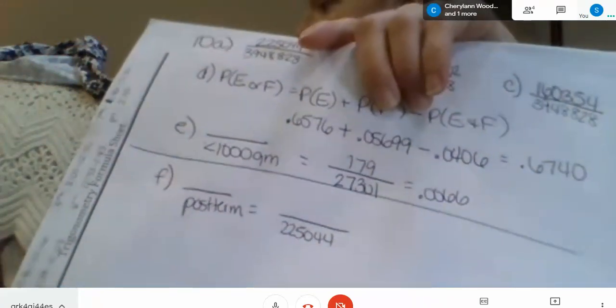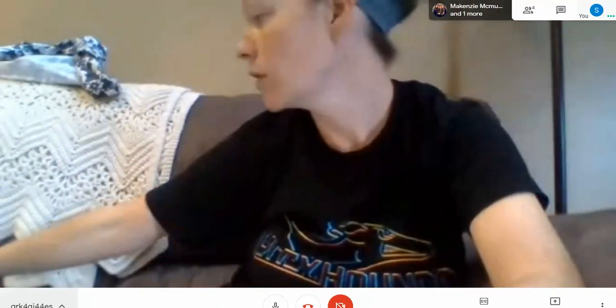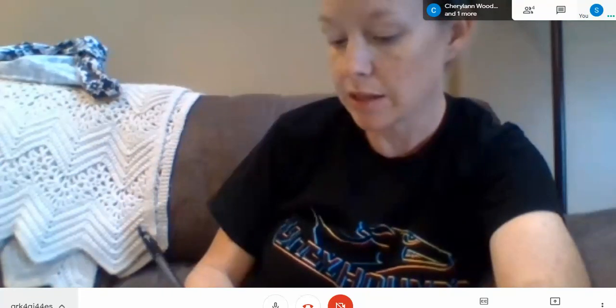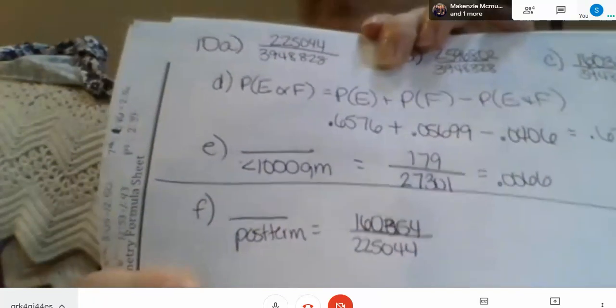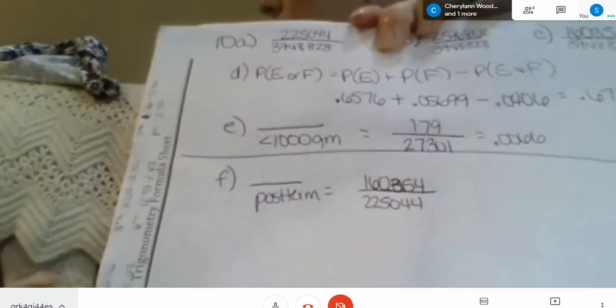Looking at that, we want the ones that weighed 3,000 to 3,099. So still just looking at that post-term, those with that weight is the 160,354. And so then you divide those.